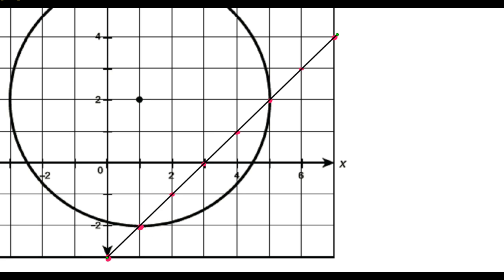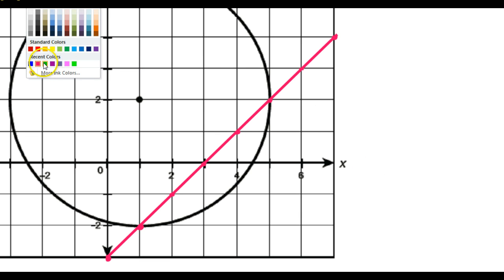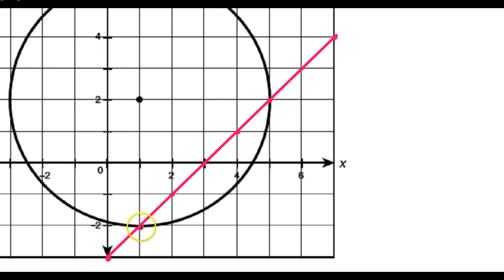Alright, so there is our line. Now we can visualize the intersection points, which are here and here. So the solutions to this system are these 2 points. So one solution is the point 1 comma negative 2.